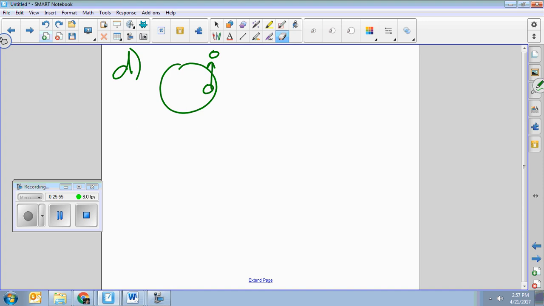Does that make sense? Okay? So I need to ensure that after he throws it, the angular momentum of the disk plus the angular momentum of the dude plus the angular momentum of the stone, that's all going to add up to 0. Make sense or no?